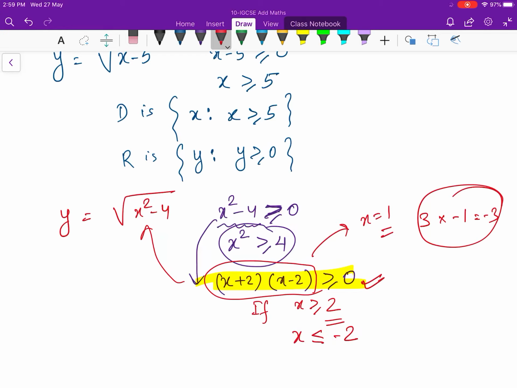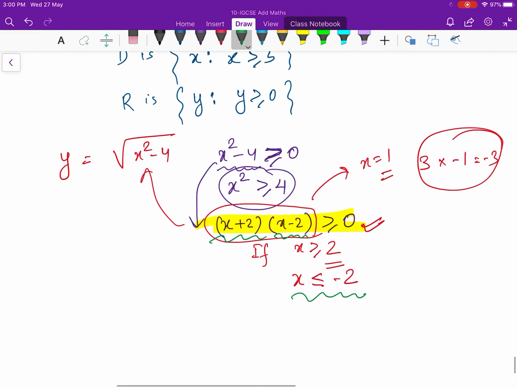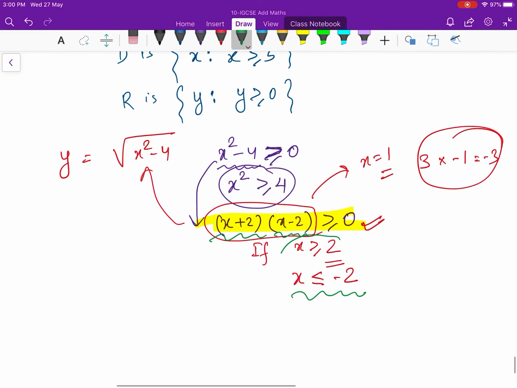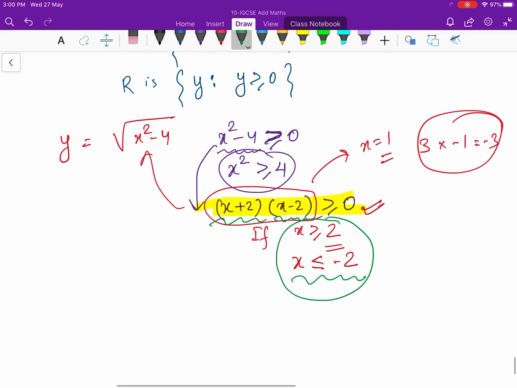When x is greater than 2, these two terms are positive, and when x is less than minus 2, both terms are negative, so the product will be greater than 0. So x should not be between minus 2 and 2. That will be the domain of this.